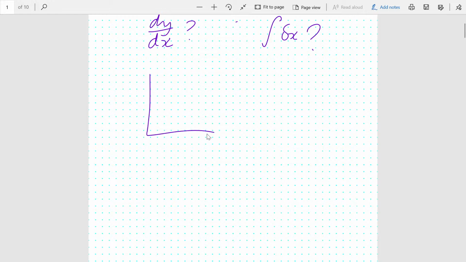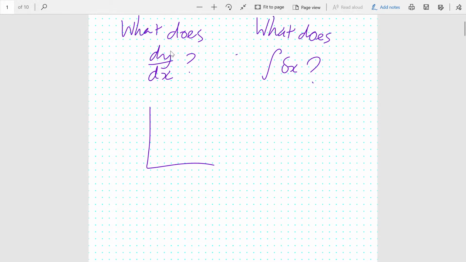If you look at a graph, I'm going to explain this one first because it introduces what this lowercase d means. You've got this graph here, and say it's a curve, and you want to find the gradient at a single point.